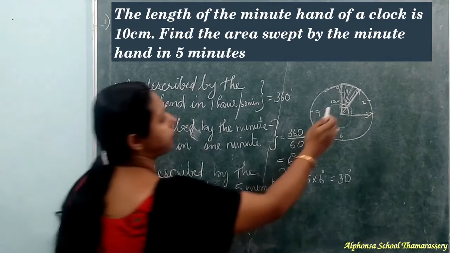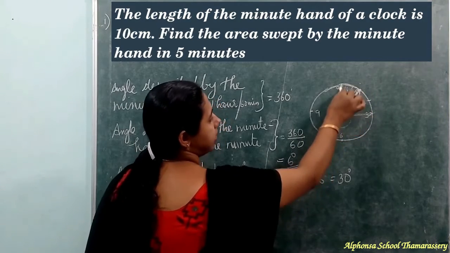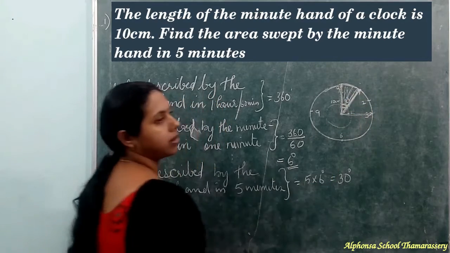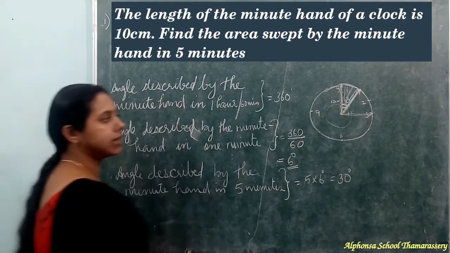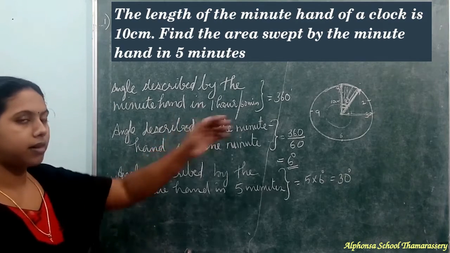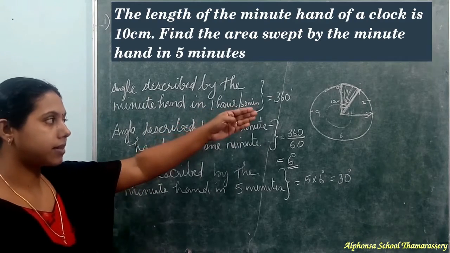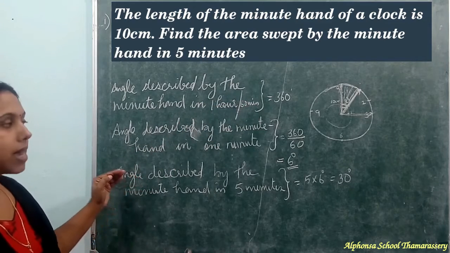So here we don't need to find for 15 minutes, we need only 5 minutes. So the angle described by the minute hand in 5 minutes is equal to 30 degree. Now if you know the angle and the radius of the sector, we are able to find the area of a sector.